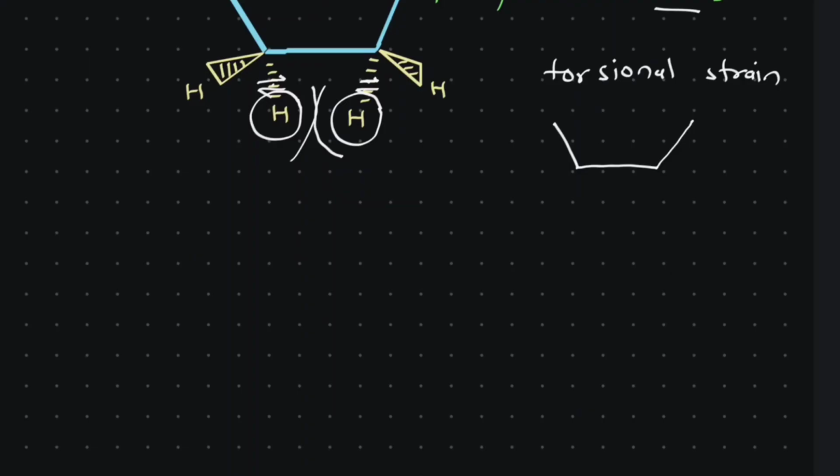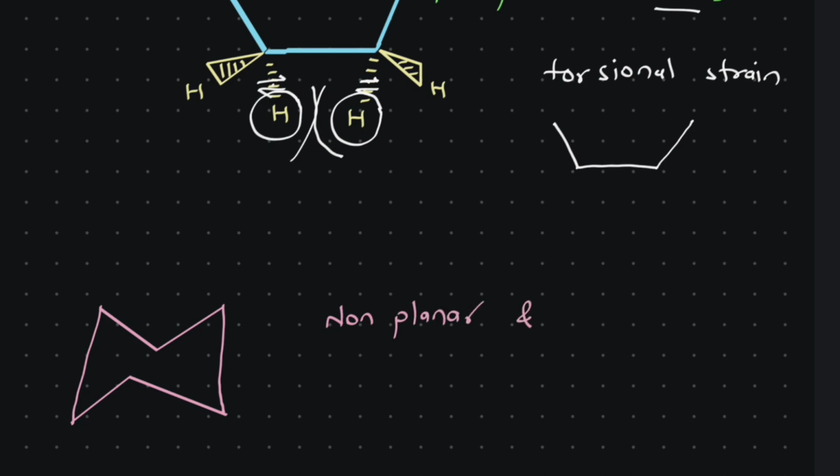As you can understand, that's the real problem in the molecule. Now let's see how the molecule overcomes it. In order to attain stability, it becomes non-planar and staggered.